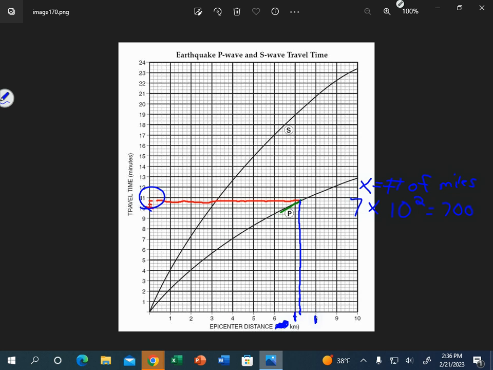We start here at 700, 720, 740, 760, 780, 800. So our total mileage from where the earthquake epicenter occurred to Rapid City, South Dakota, is a total of 720 miles. That's the easiest way to utilize the line graphs in order to come up with your mileage.